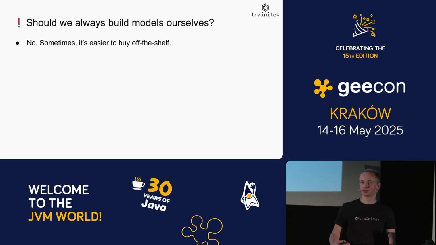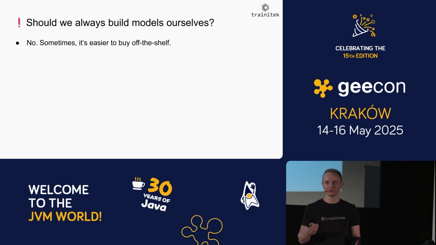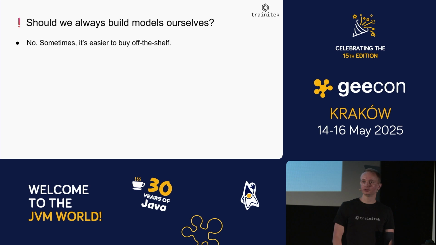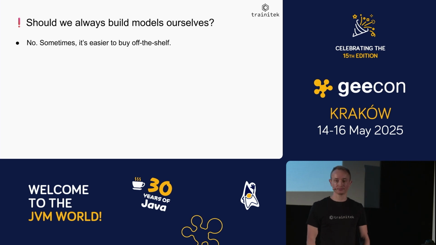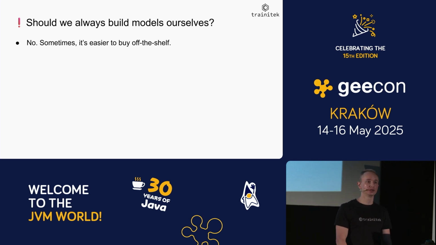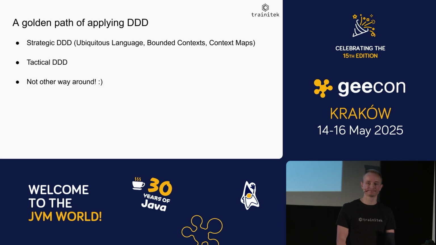Domain-driven design just tells you that you should focus on the core of your business, and there you put the most effort and time, instead of putting your focus everywhere. So sometimes you don't even need to build any model. You can just buy it off the shelf.